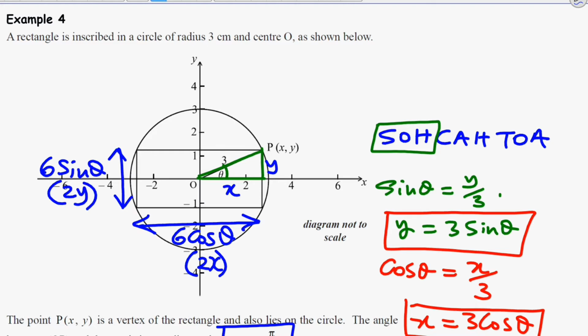So if we want to find the area of this rectangle, let me write this below here.